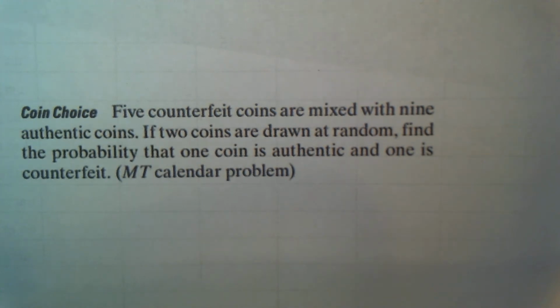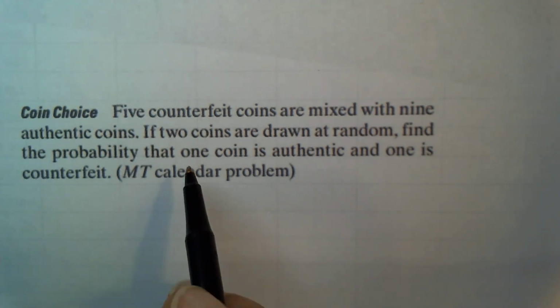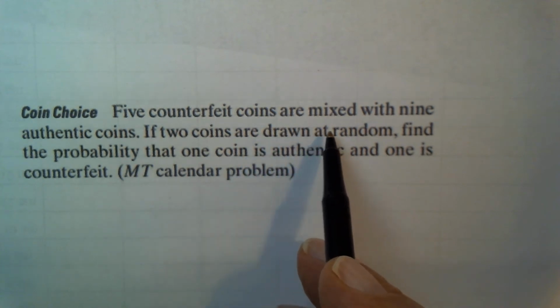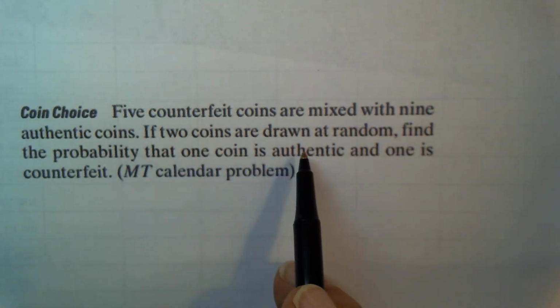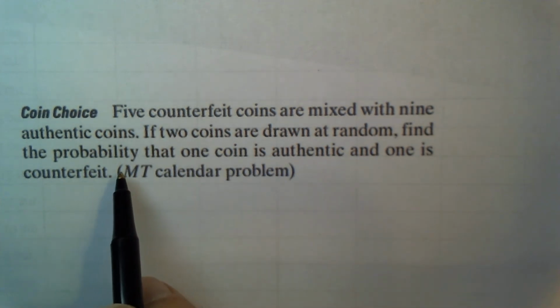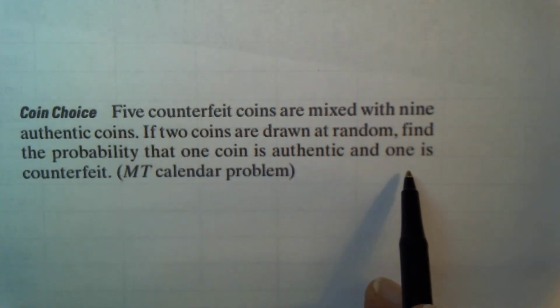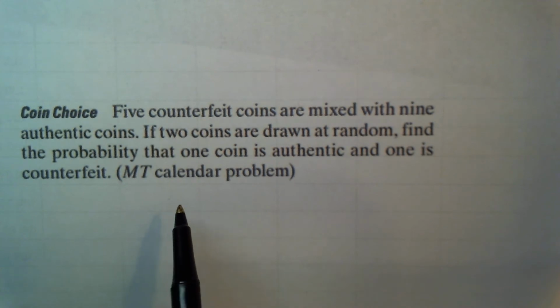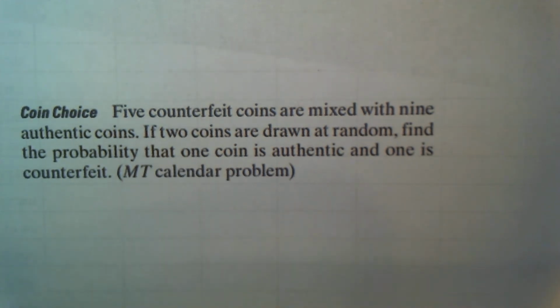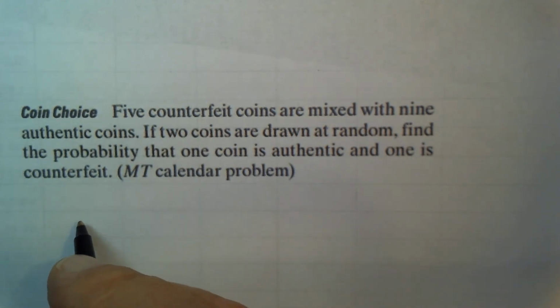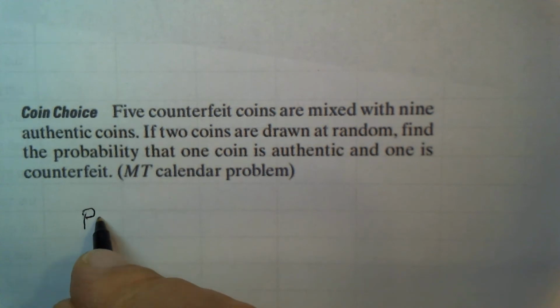Here's a problem about coin choices. There are 5 counterfeit coins that are mixed with 9 authentic coins. If 2 coins are drawn at random, find the probability that 1 coin is authentic and 1 is counterfeit. Okay, so when you think about that, what is the probability?